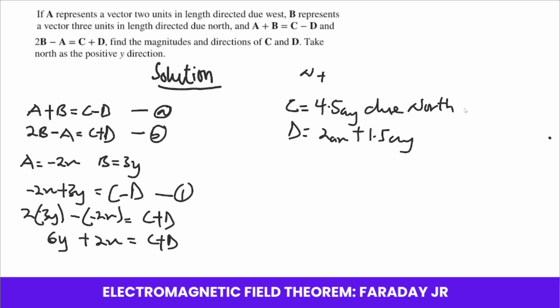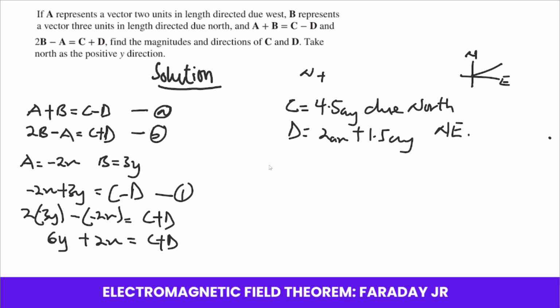And that will be found, since we are dealing with north and northeast, these are the positive y direction and positive x direction, it will be found in the northeast direction of our Cartesian plane.